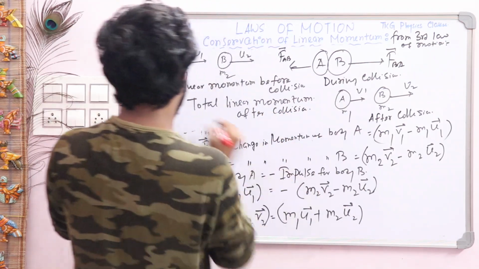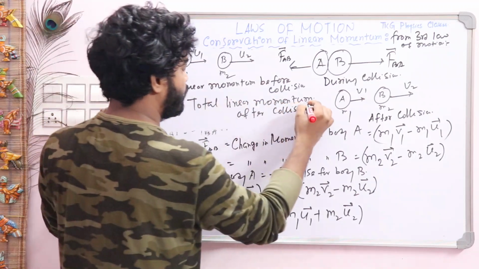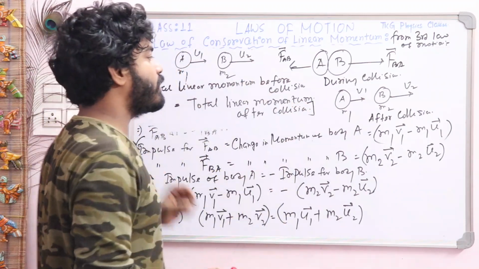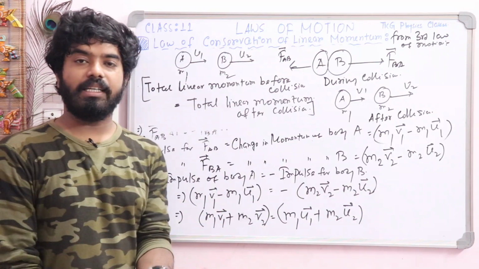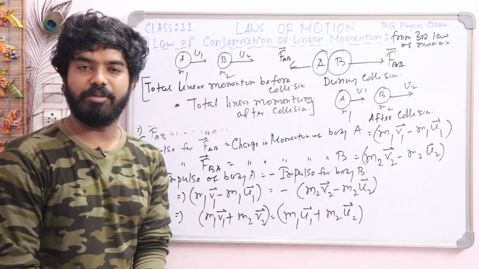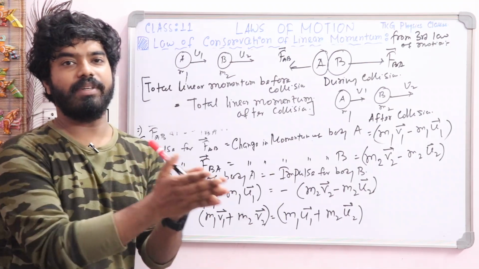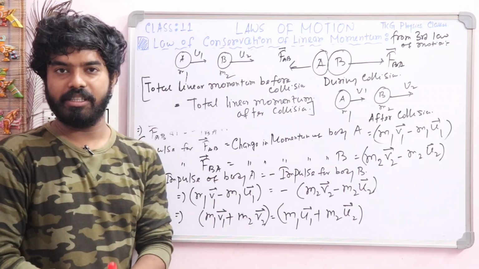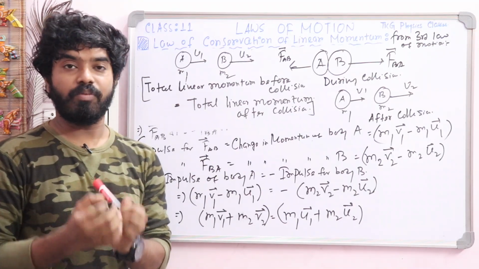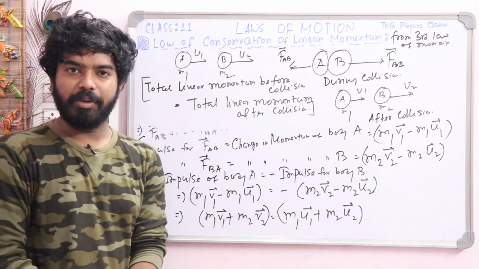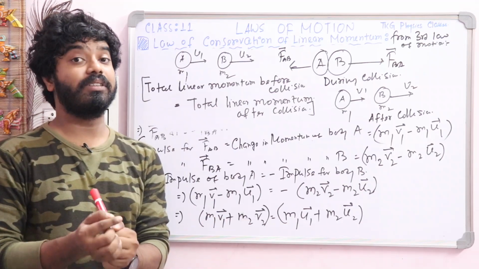What is the meaning of this sentence? Does momentum change or remain constant? Before collision the linear momentum is exactly equal to the linear momentum after collision. That means the momentum remains constant. That is the conservation law of linear momentum. Here we prove the conservation law of linear momentum with the help of Newton's third law of motion.